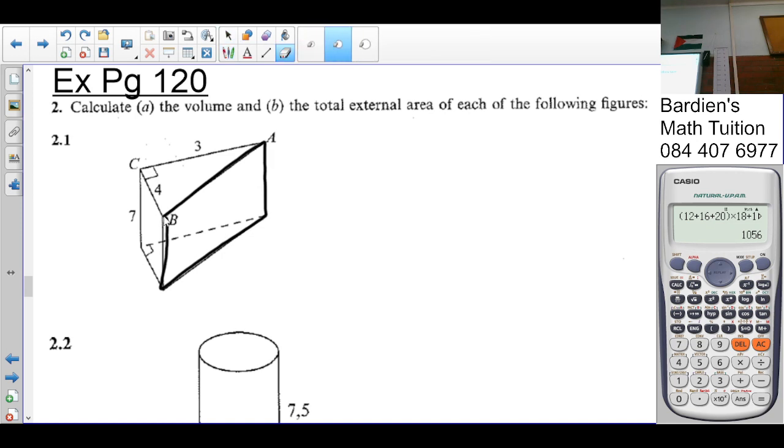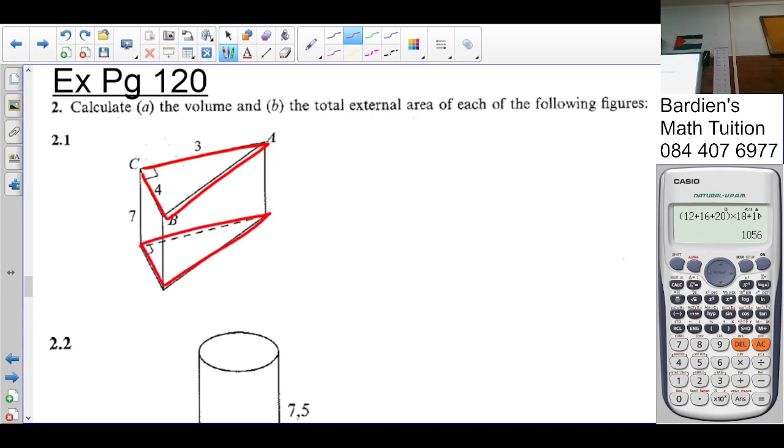So we're going to make the triangle ABC your base. Okay. Why? Because if you look here, that is the same as the top. No? Top and the bottom are the same. Right, I'll stop the video at this point.